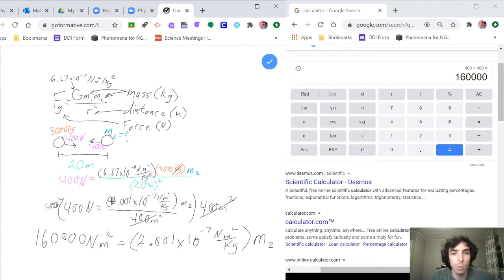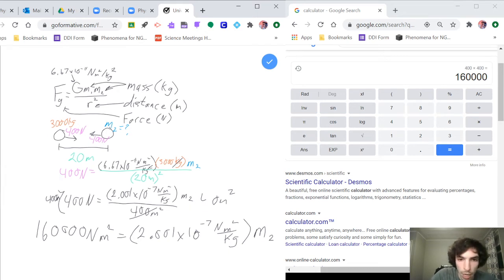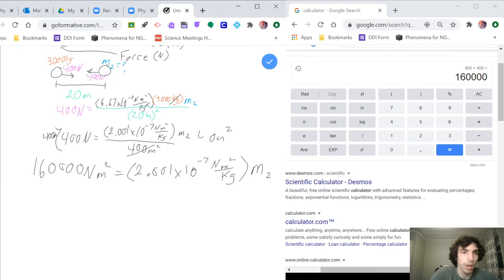And so now we're really one step away. We just have one thing that's multiplied by our m2 now. And since that is being multiplied by our variable that we're trying to solve for, we need to do the opposite of multiply in order to cancel this out.